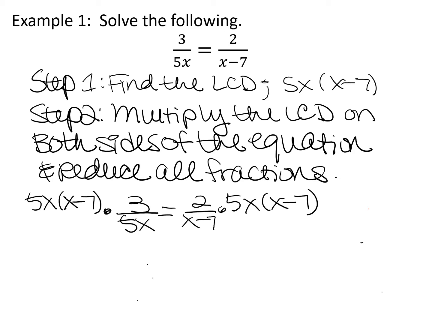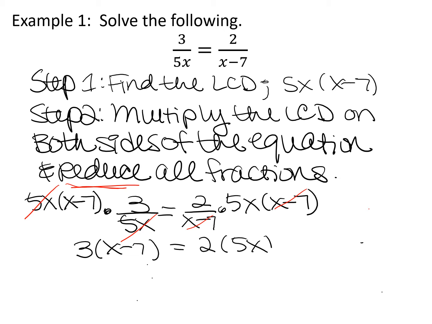And then I said that I wanted to reduce. When I reduce that, I can see that my 5x's cancel and my x minus 7's cancel. And I have something very similar to our cross multiplying. I end up with 3 times x minus 7 left over and 2 times 5x left over. Then I'm going to distribute and solve for x.